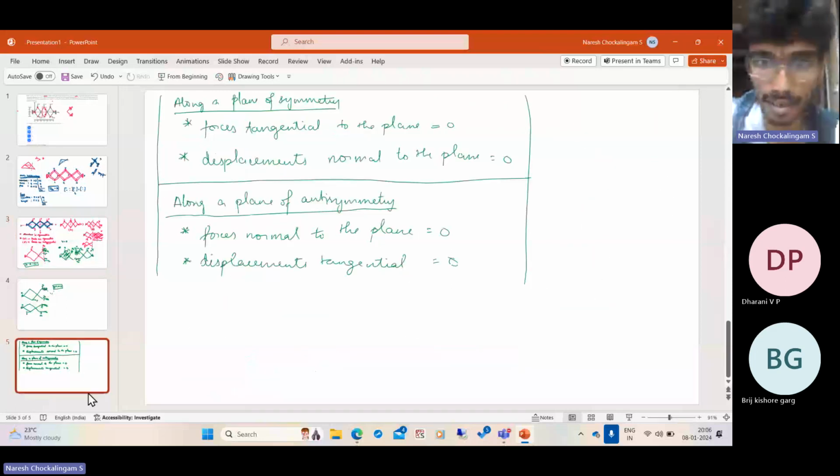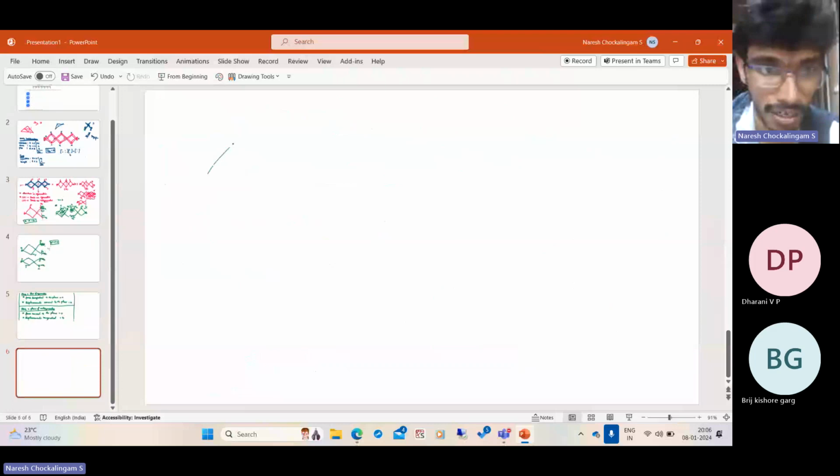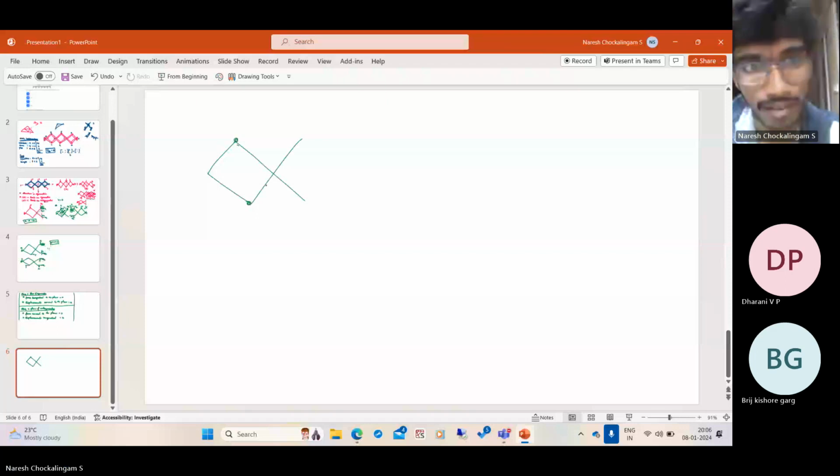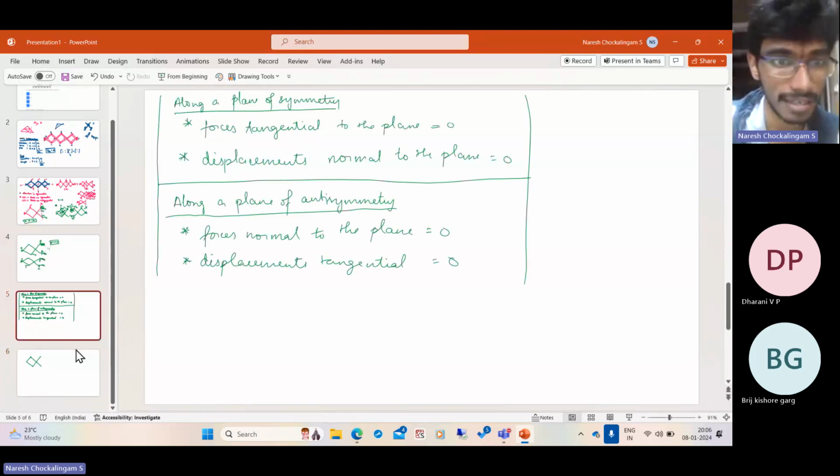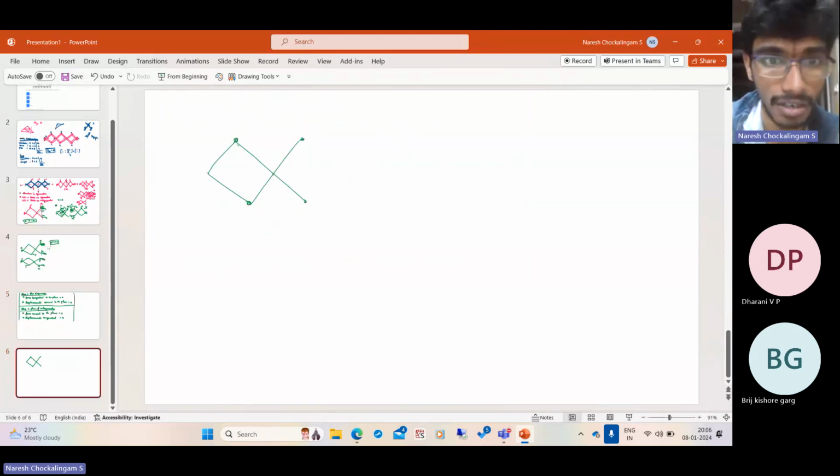So let me draw the second structure, the free body diagram of half of this. These are all pin connected. Here you have an internal pin. I'm not putting that. This is a plane of anti-symmetry. Along the plane of anti-symmetry, what does it mean? Forces normal to the plane are 0 and the displacements tangential are 0. So what is the best thing that I can put here? I can put a roller.